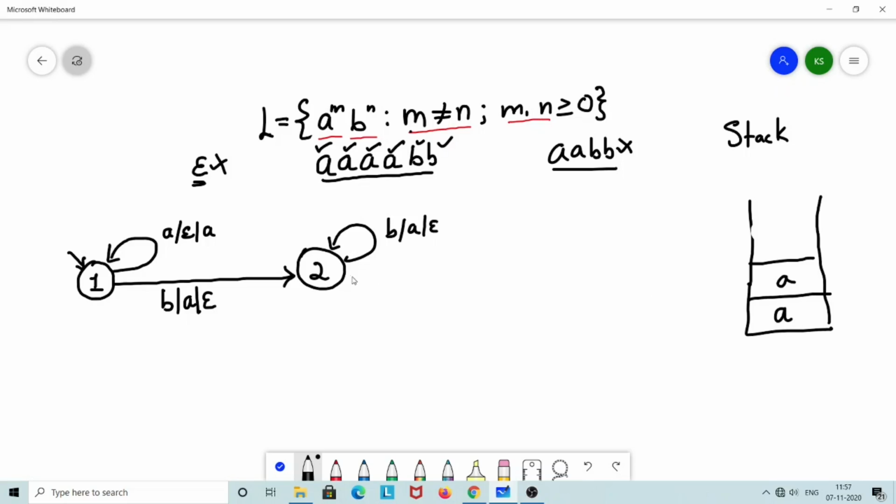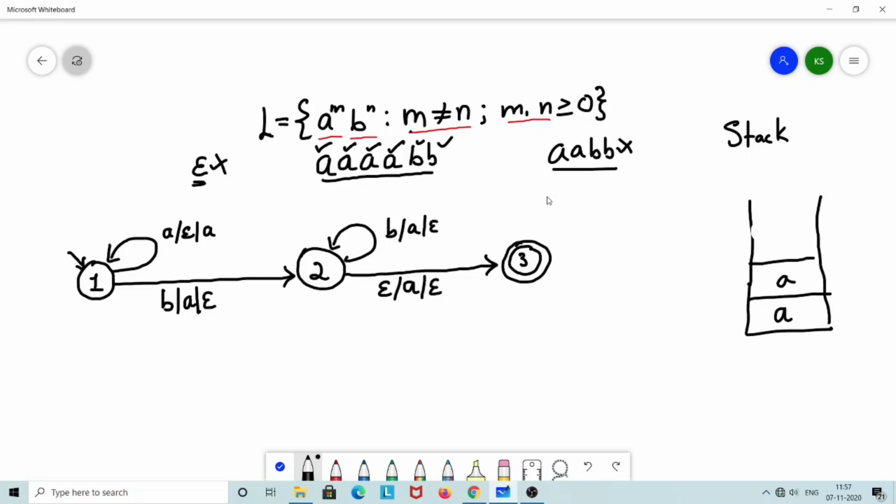So I'll make an epsilon transition, then pop out the remaining A's. This A is popped out, and I'll make a transition to a state which I'll name 3.